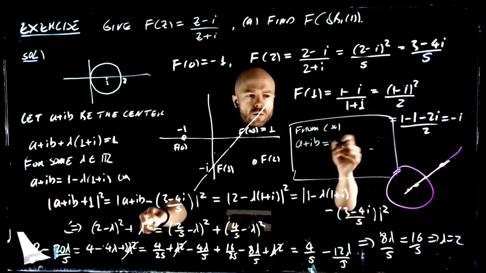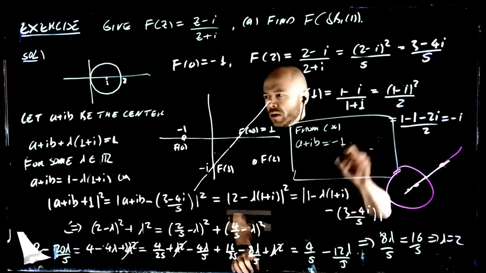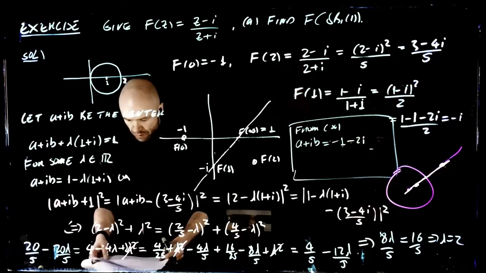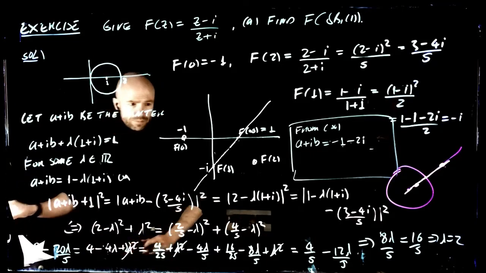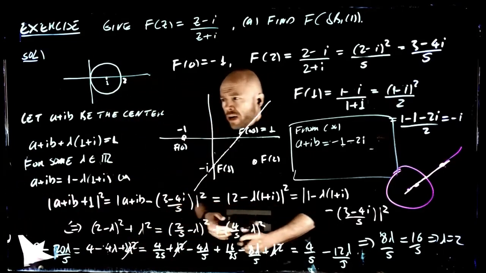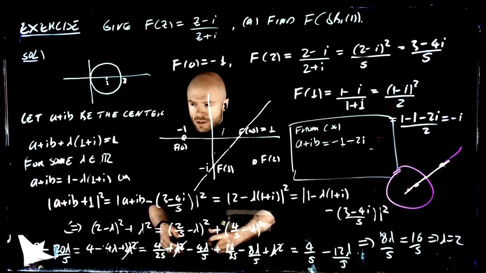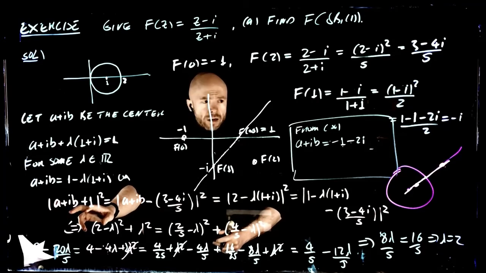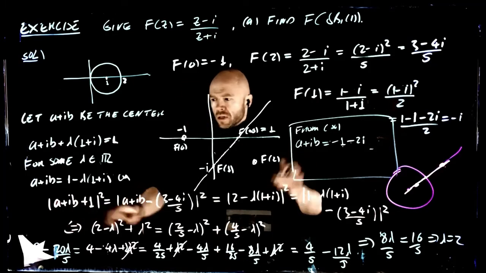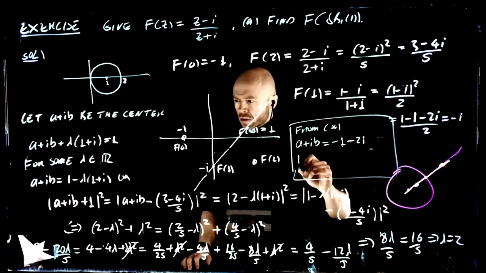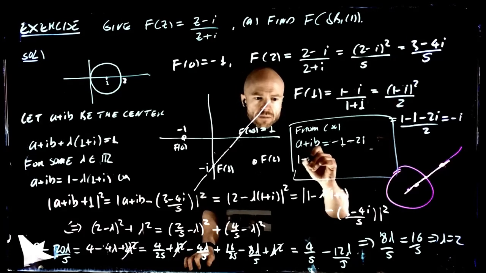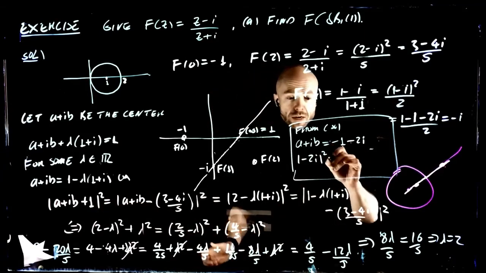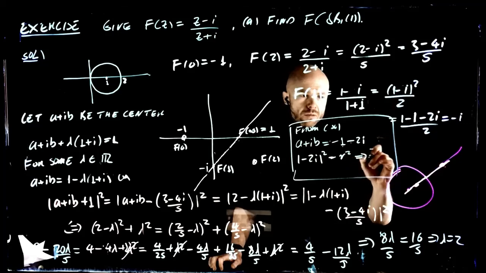So it's 1 minus 2, which is minus 1, and minus 2i. Okay, and this being the case, we can now find the radius because we can put into either of these things. So this is the radius squared. So if we put into this thing, then we have that minus 2i, because we're just adding 1, squared is the radius squared, which implies that the radius is equal to 2.